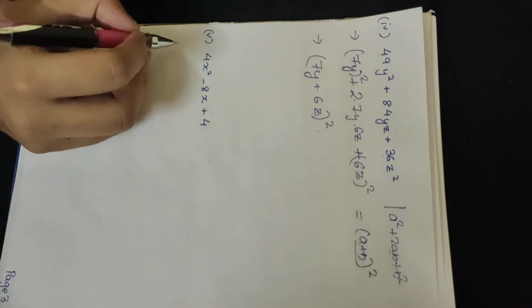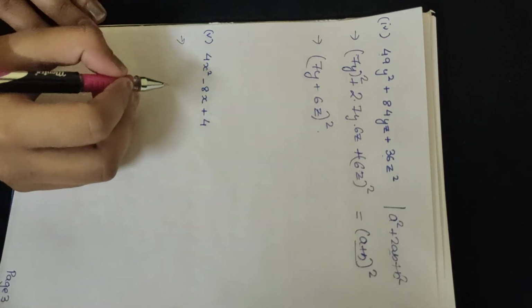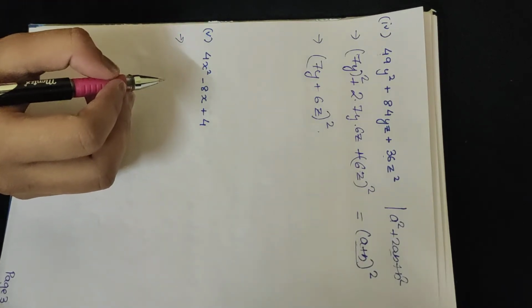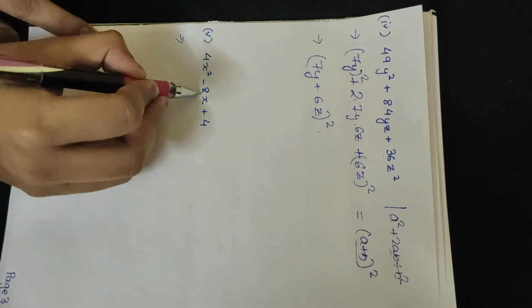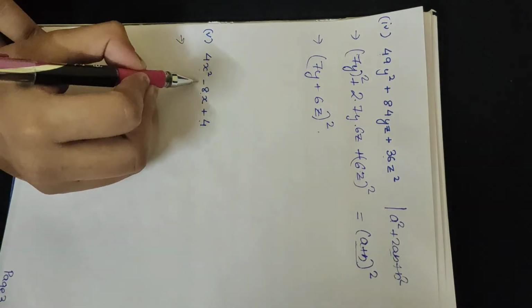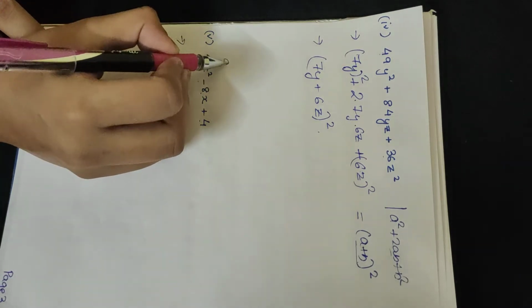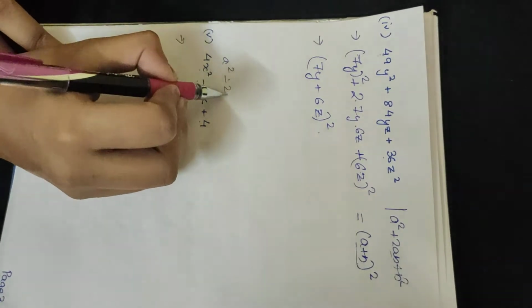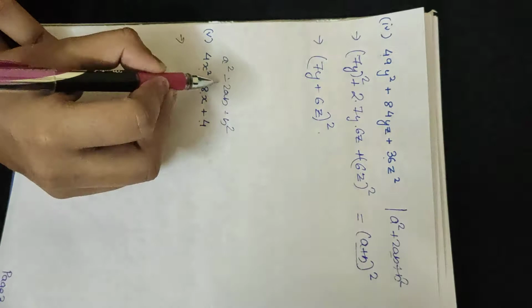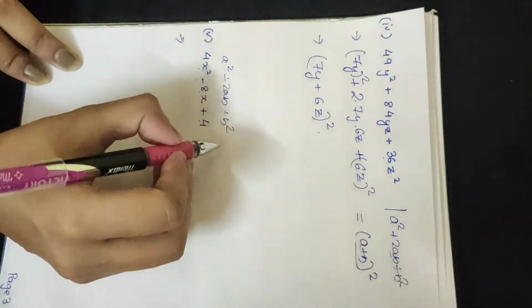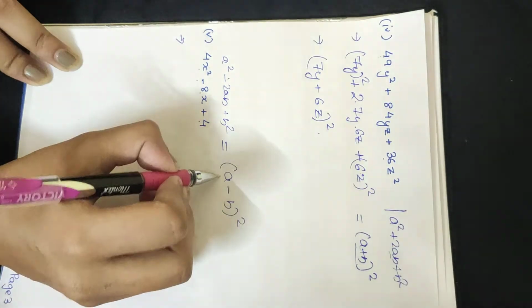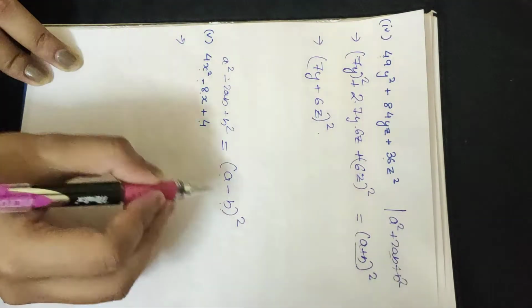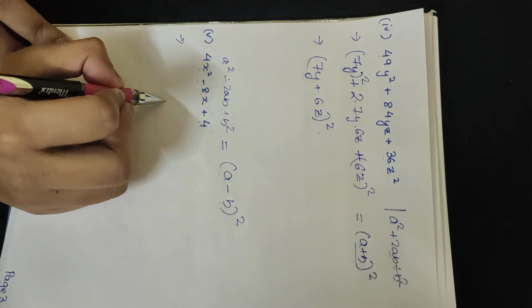Next we move on to the fifth part of question number 1, which is 4x square minus 8x plus 4. You see which formula it replicates. Doesn't it replicate a square minus 2ab plus b square? You see the minus symbol is there, and the expansion is a minus b whole square. So we need to put it in this formula.